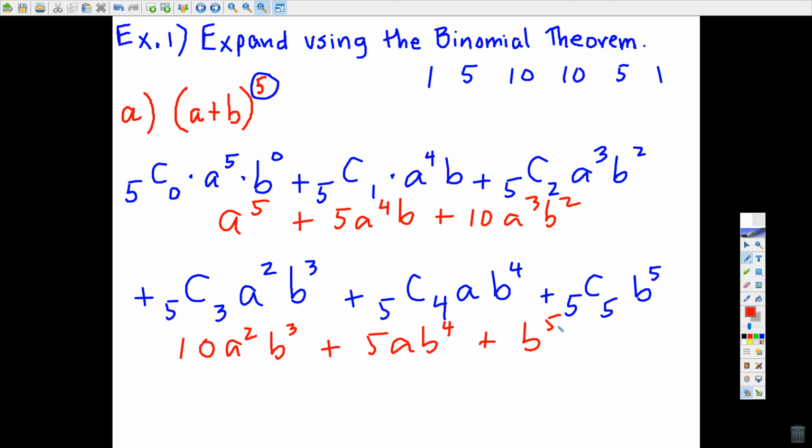If I let A represent the likelihood that he's going to get a hit, and B represent the likelihood that he's not going to get a hit, and he's going to go to bat 5 times, which is what this exponent indicates, each one of these gives me the result of the scenario.